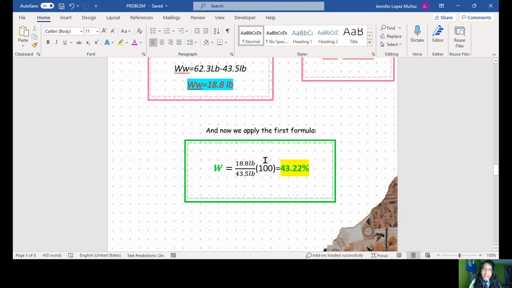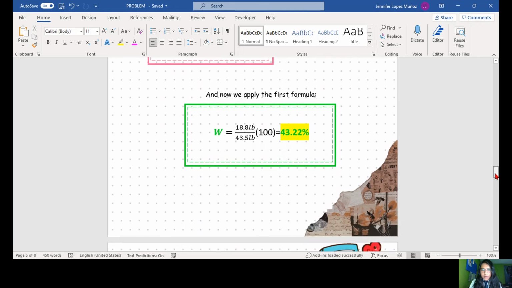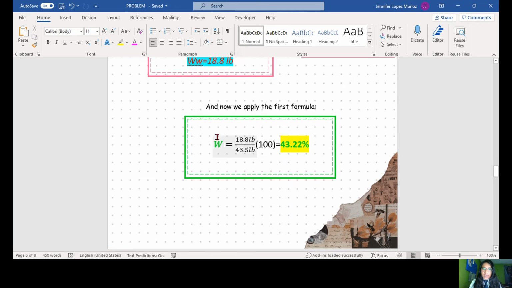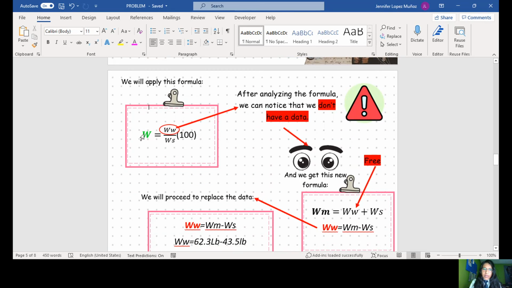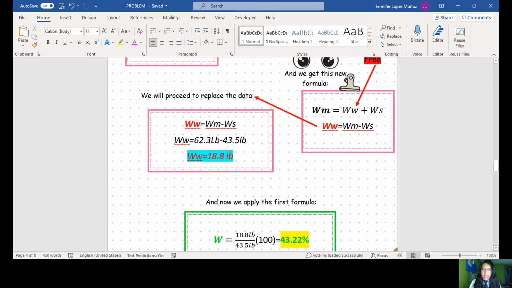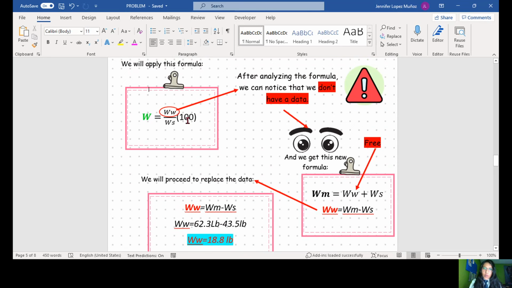The formula says the humidity equals the water weight, I have 18.8 pounds, divided by the solid weight.